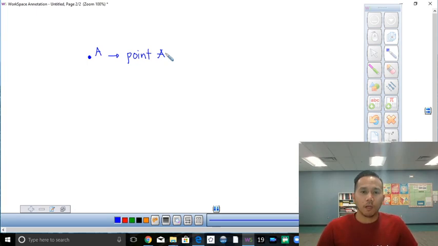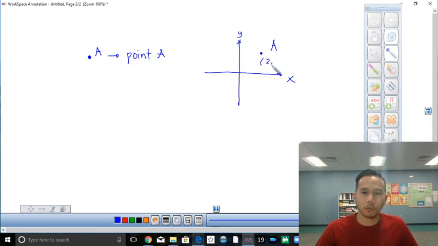Now, if your point is located in a Cartesian coordinate system or Cartesian plane, we have your y-axis and your x-axis. So let us say I have here point A, and it is located at 2, 3.